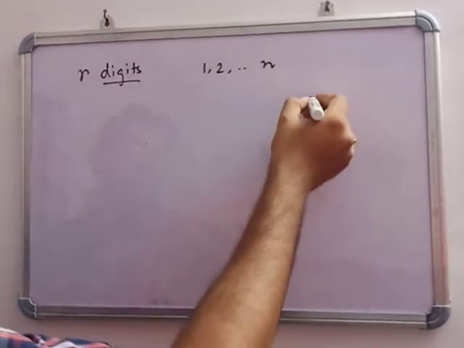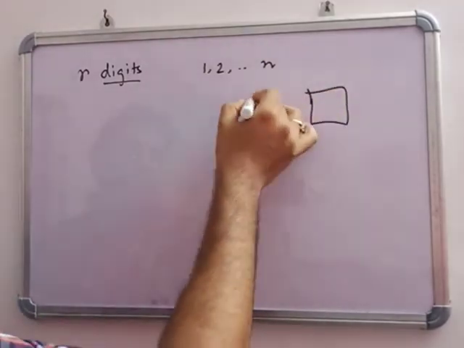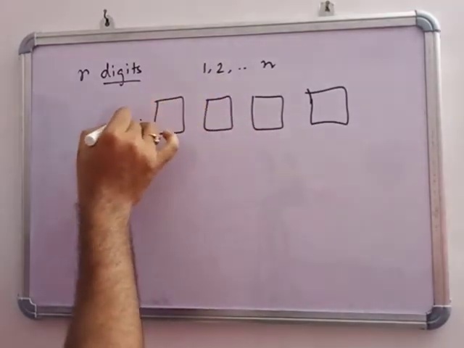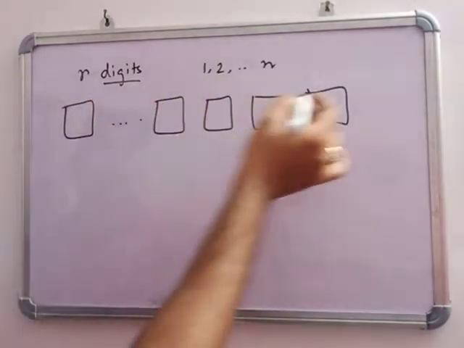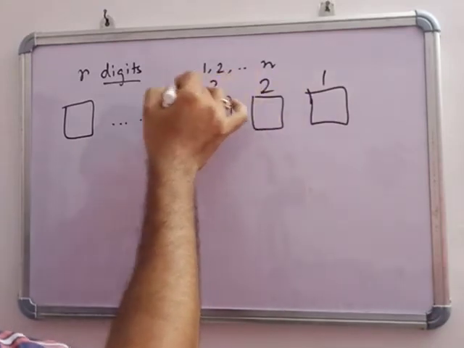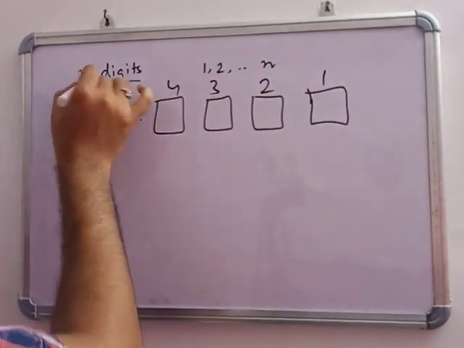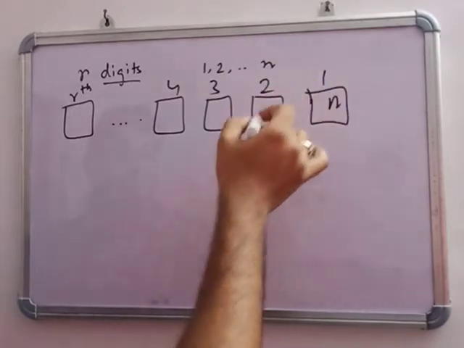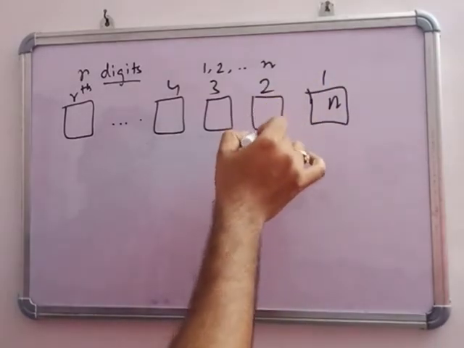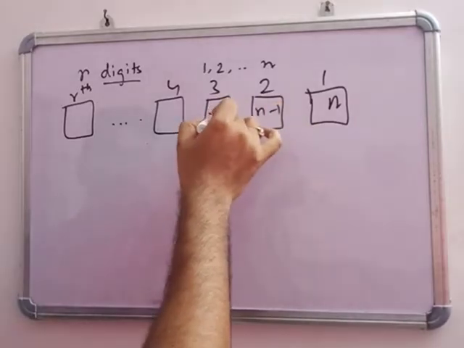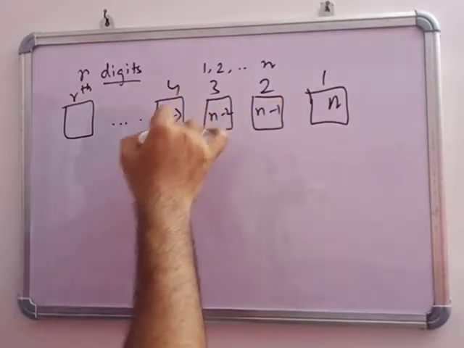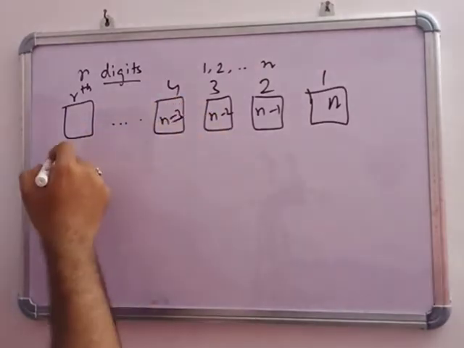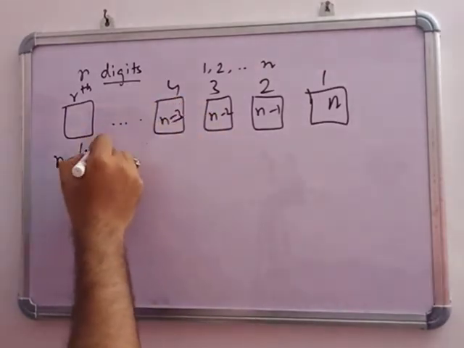So if we put in the boxes 1, 2, 3, 4 and so on, the last is the rth. So the first is n, then n minus 1, n minus 2, n minus 3, and similarly the last one is n minus (r minus 1).